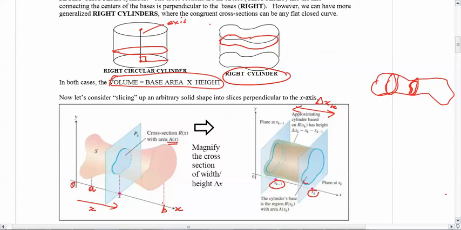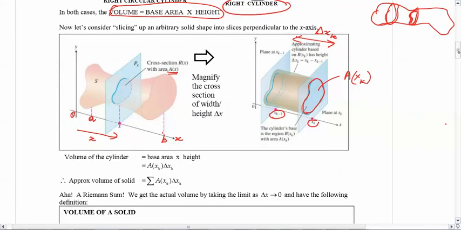The area, which would be my base area, is a function of the x value, which is x sub k. So applying base area times the height or the thickness, it's going to be A of x sub k times delta x sub k.